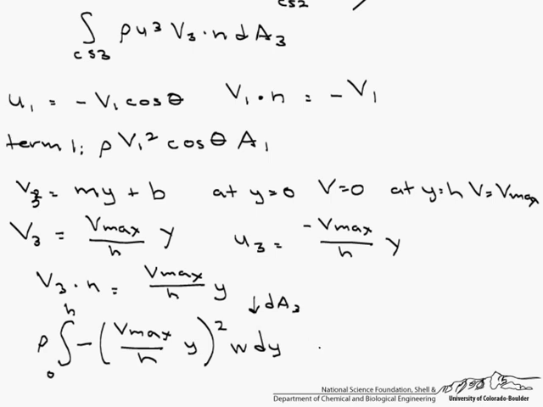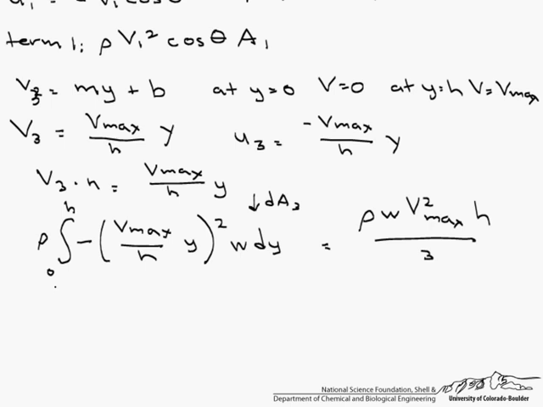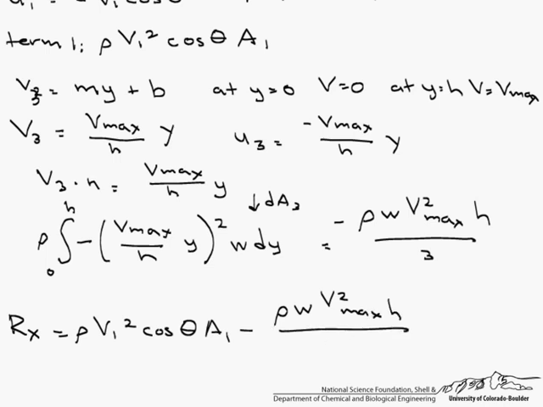And so when we do the integration, we come out with rho w v max squared times h over 3. And finally, we combine the two terms: R sub x equals rho v1 squared cosine theta A1 minus, and we have to remember to keep that minus sign in there, rho w v max squared h divided by 3.